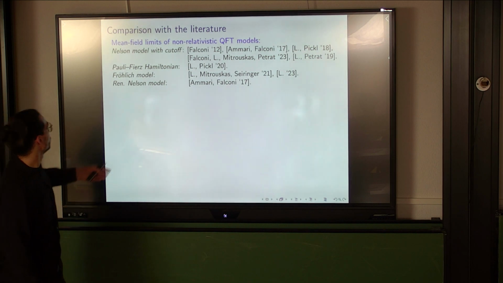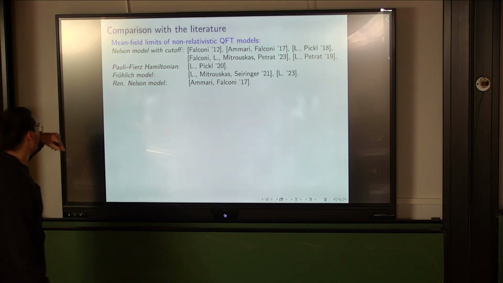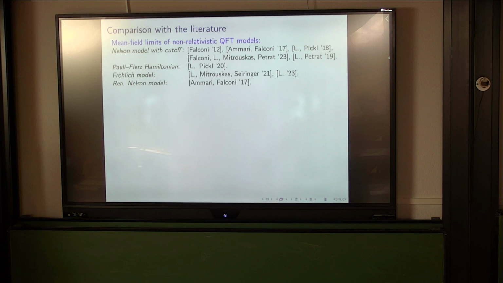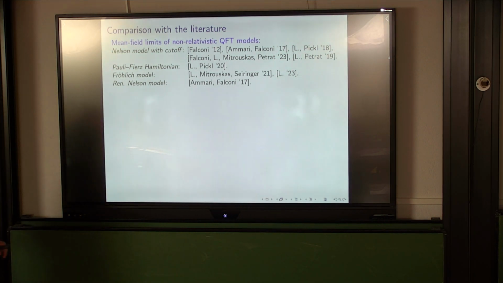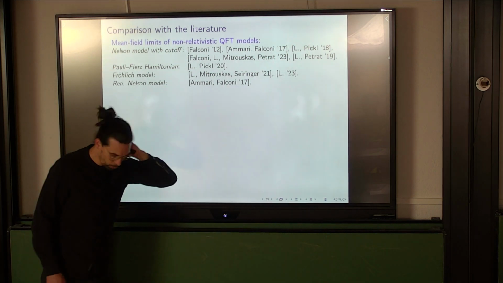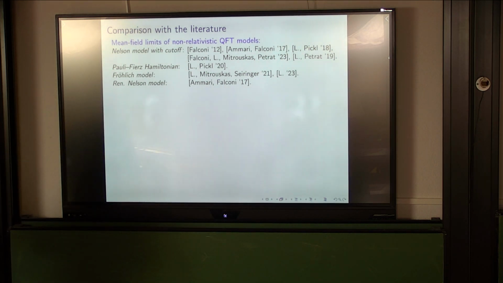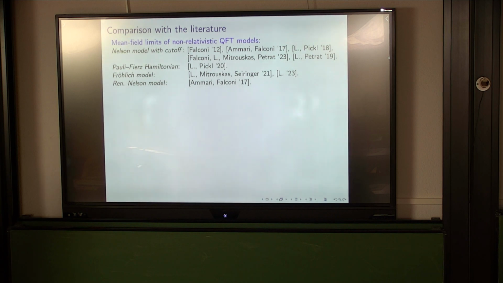Then there are also two results for the convergence of reduced density matrices for the Pauli-Fierz Hamiltonian and the Fröhlich Hamiltonian. These results reuse that we can control the kinetic energy of the particles which are not in the condensate by means of the variance of the energy per particle.